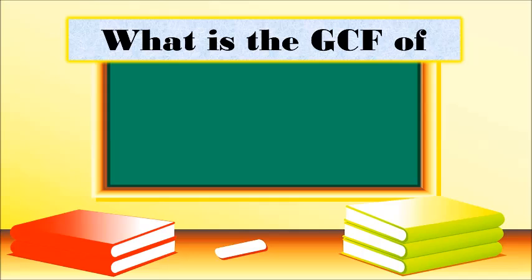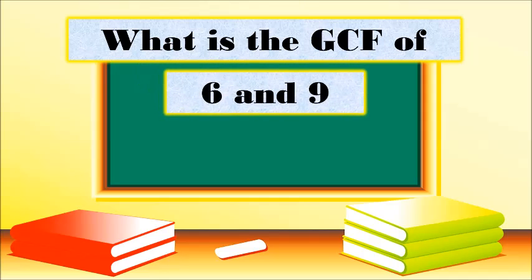A factor is a number that we multiply to give us the product. For example, what is the GCF of 6 and 9? We are going to list down the numbers that we multiply that will give us 6 and 9.